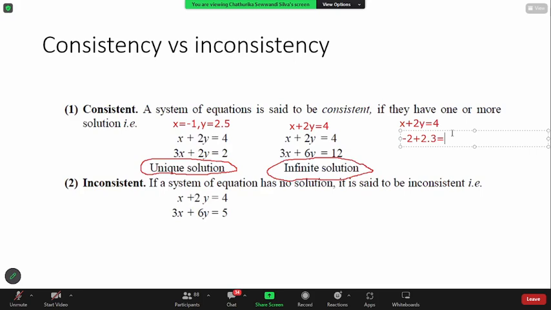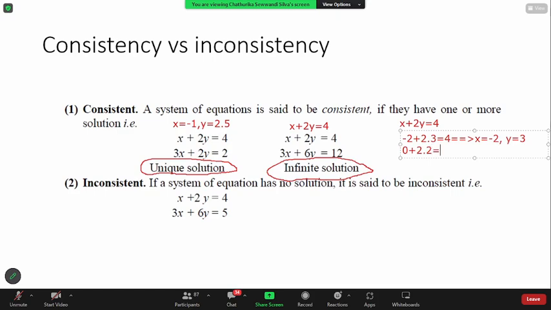So here I took x equals -2 and y equals 3. Now I'm putting x equals 0, plus 2 times y equals 2.